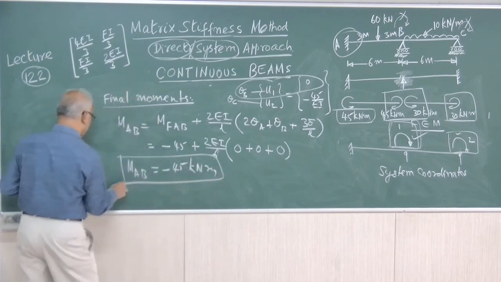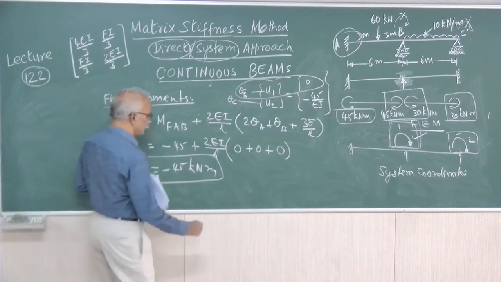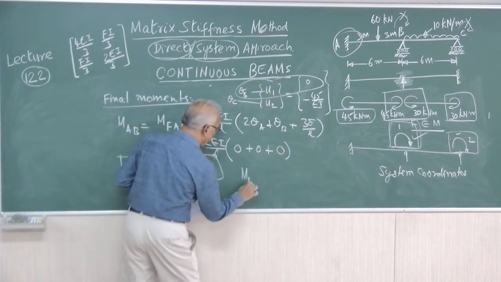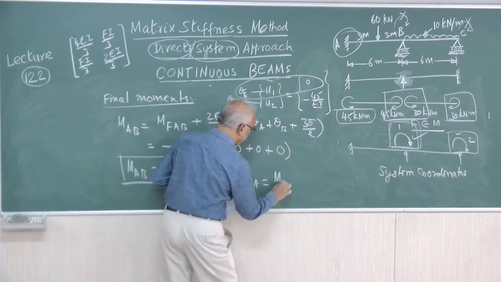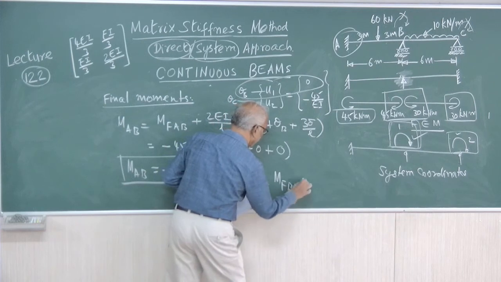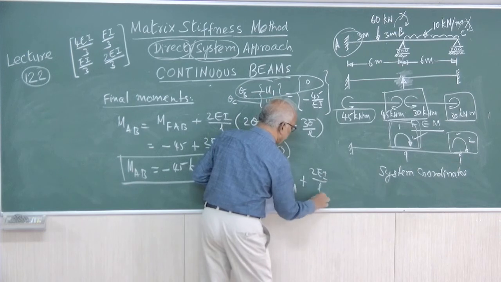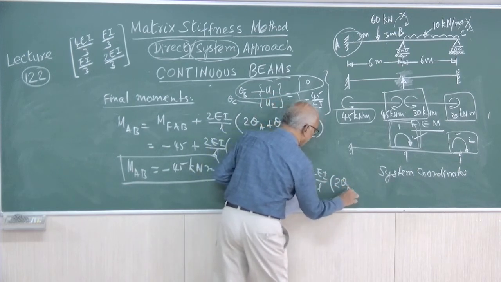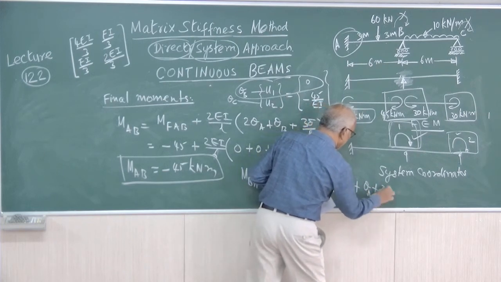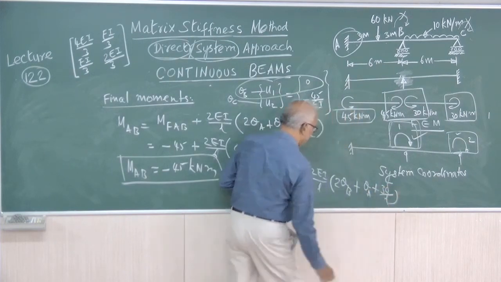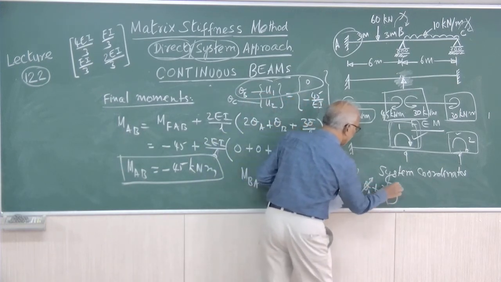This is one value. Similarly, MBA equals MFBA plus 2EI by L into 2 theta B plus theta A plus 3 delta by L. And here also we know theta B is 0, theta A is 0, delta is 0.